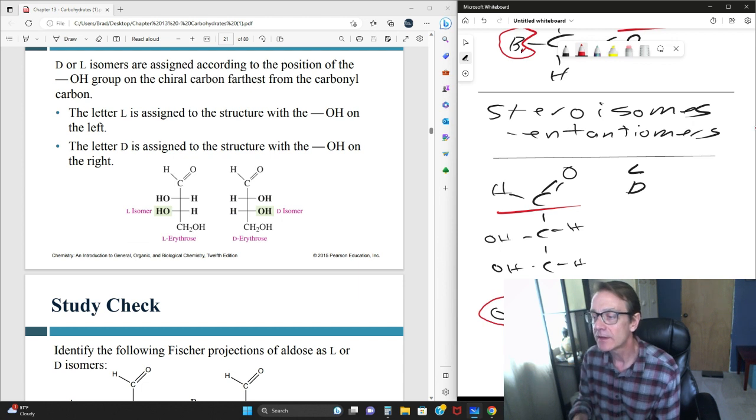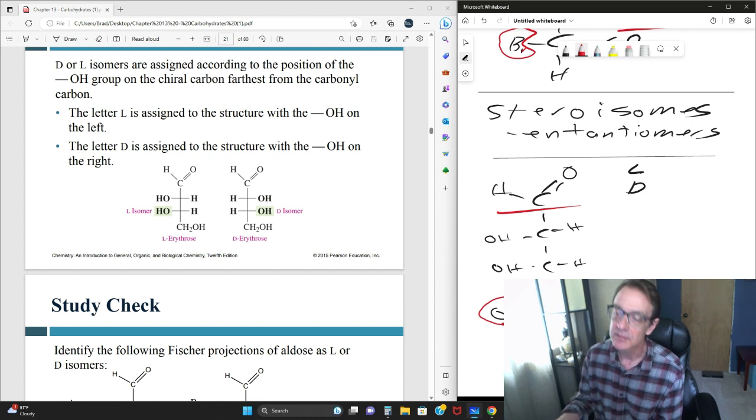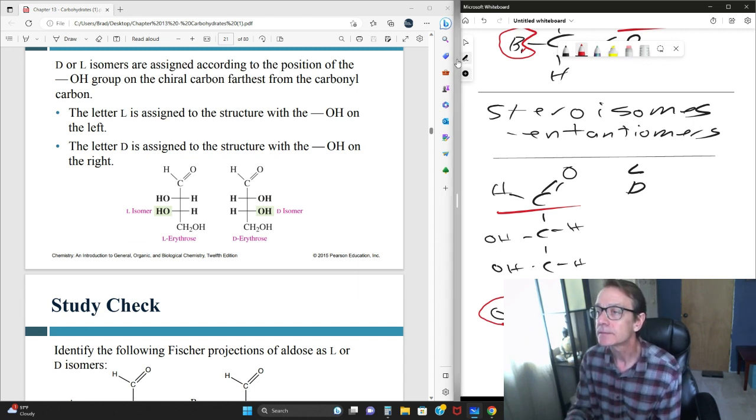Okay? The hydroxyl is either going to be on this side or this side. In this case, it's on the left-hand side. So that makes this the D version. Or excuse me, the L version on the left-hand side.